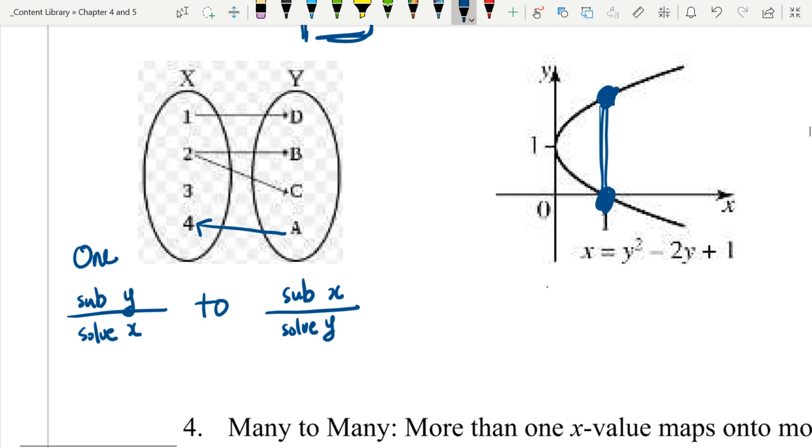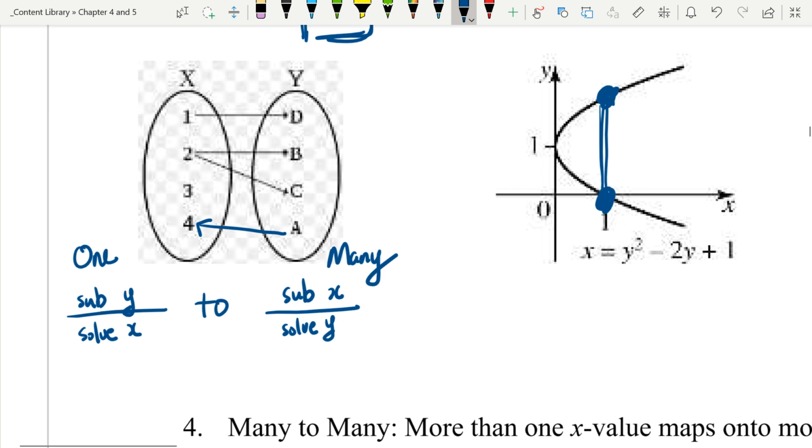That's a 1 here. Okay, y equals d, no problem for this one. Sub x equals 2, what do you get? B and C. So you get more than one y value when you sub each x in. So that's why the second place is a many. When you sub each y value in, you can only solve out one x value.